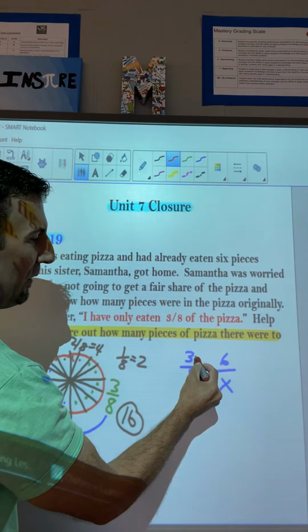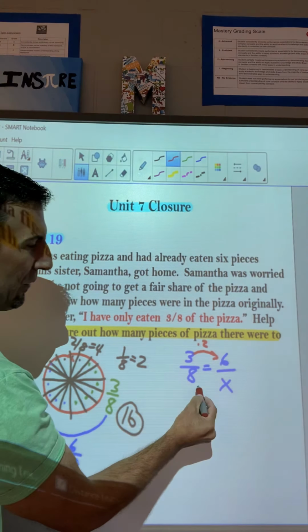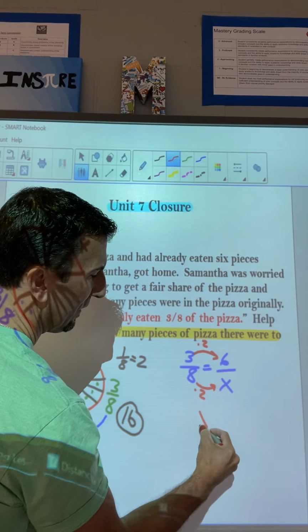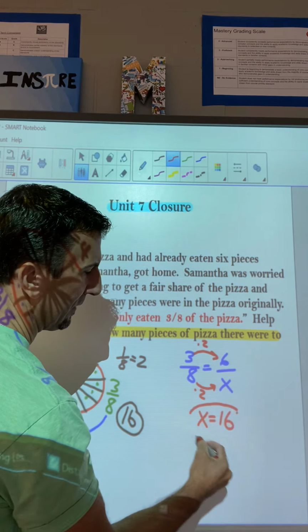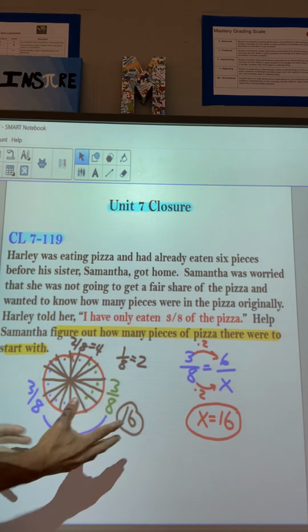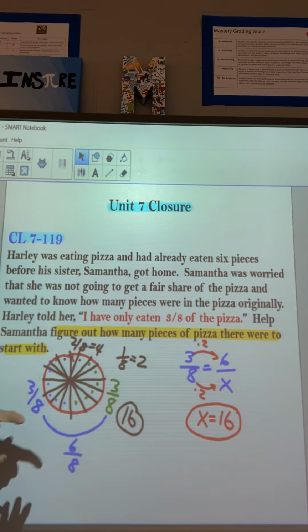Well, 3 goes to 6 by multiplying by 2. So why don't we just multiply by 2? 8 times 2 is 16, so x is equal to 16. I hope you found that much easier than doing the big diagram. I don't care which way you do it, but this is much quicker, much more efficient. Okay, next one.